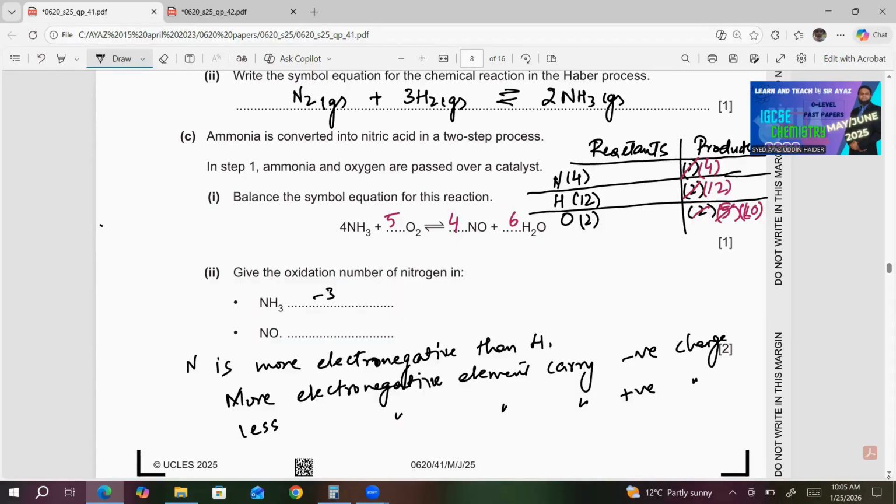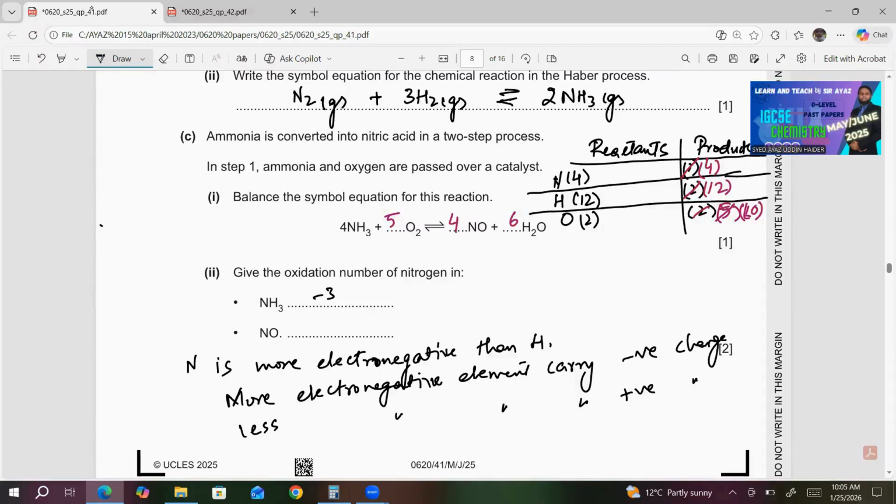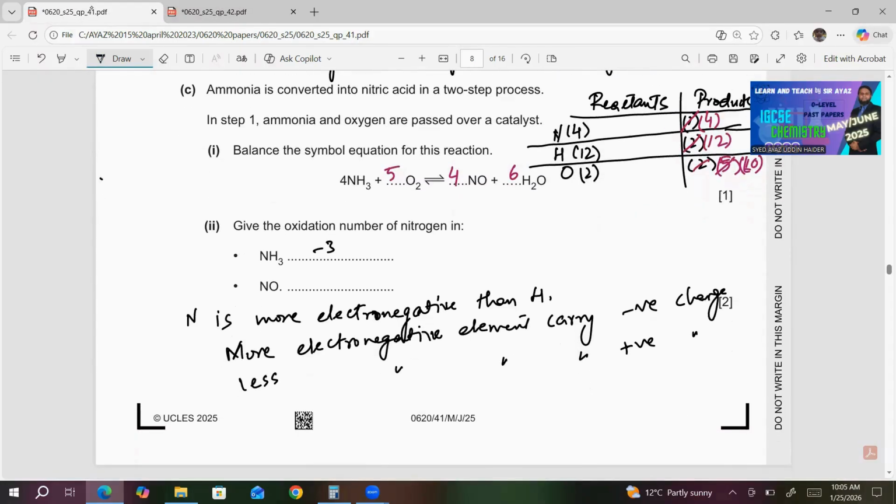What about NO? Where is O? If you look at the position of oxygen, it's on the right hand side. The trend in electronegativity is that it increases along the period. O is more electronegative than N. So if we know the charge on oxygen, we can easily predict the charge on nitrogen.